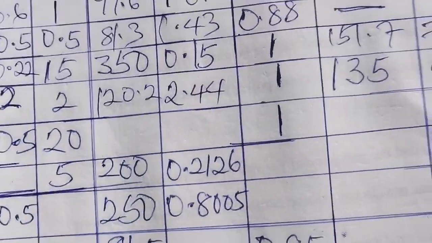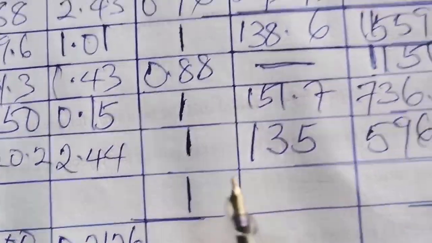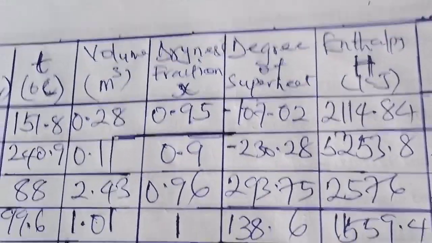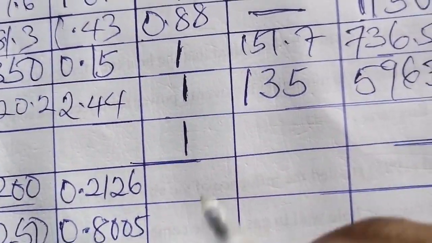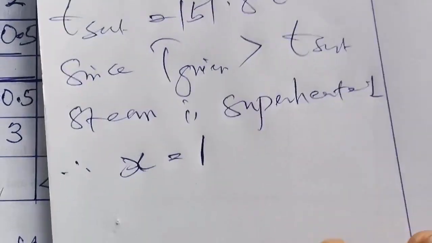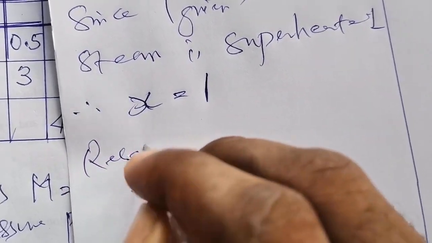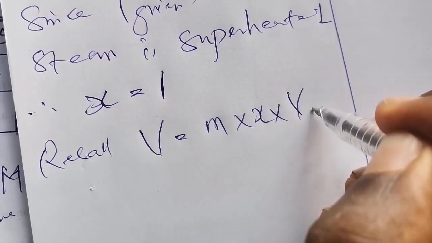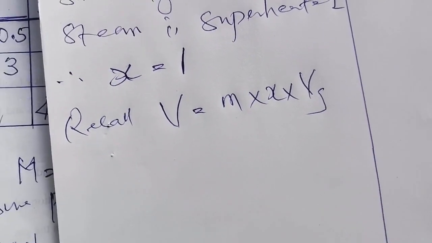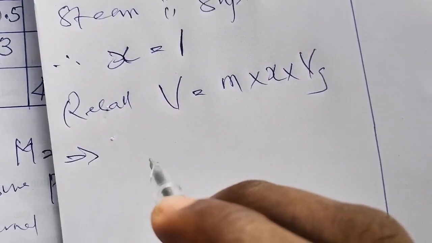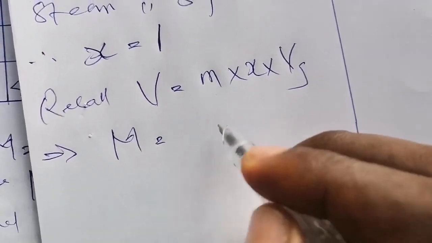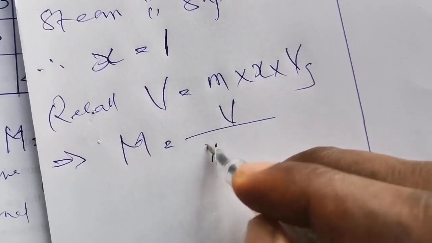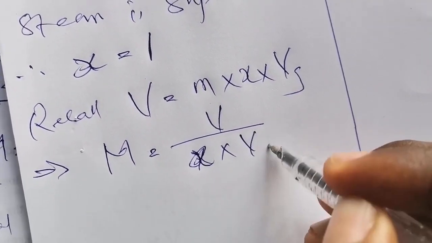Okay, so let's fill up that column. This is dryness fraction, X equals 1. Having known this, we're given total volume. Recall that total volume V is simply m times X times Vg. So mass is total volume over dryness fraction times Vg.